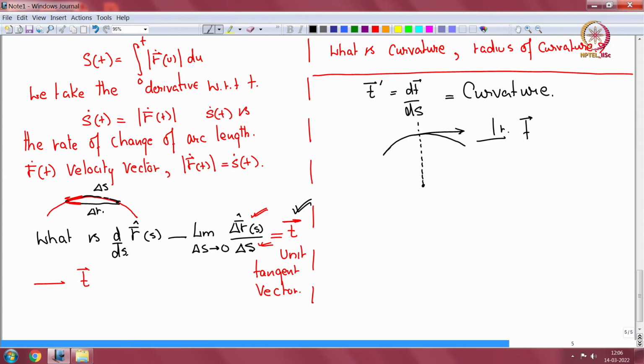Now, without going so much into differential geometry, if this is a very simple curve without twists and turns, like a part of a circle, a vertically placed part of a circle, then this plane is called an osculating plane.